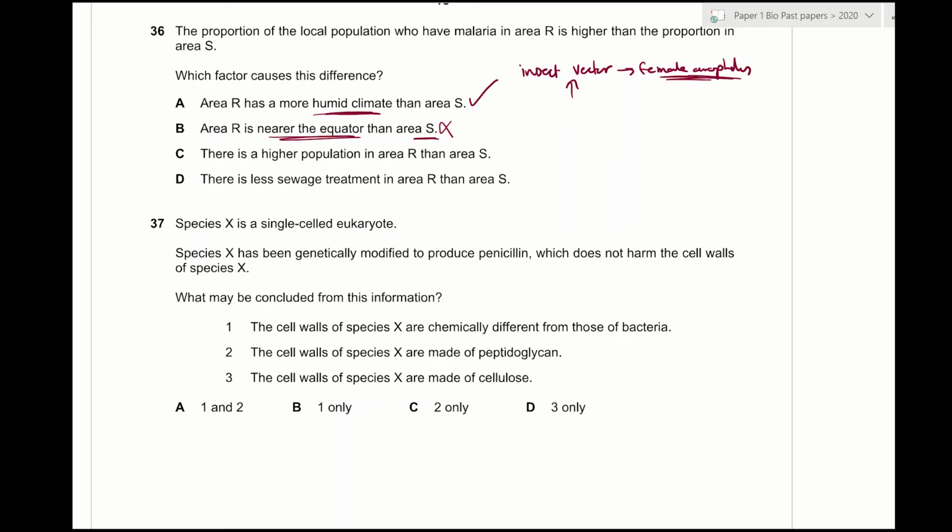It has something to do with the population of the Anopheles itself. Therefore, this is incorrect. D. There's less sewage treatment. Okay, sewage treatment, you know that cholera is what is transmitted by fecal-oral route, so this would only impact cholera, not malaria. Therefore, this is incorrect, and the answer is going to be A.